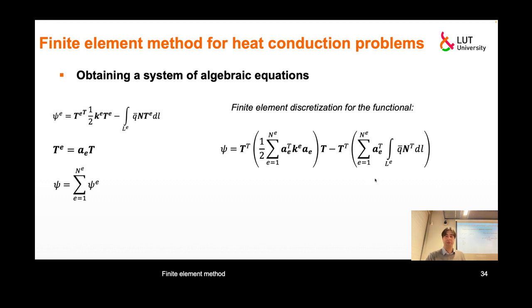But anyway, that's the full functional for the entire mesh. Sum over all elements, where E is the number of elements. Local conductivity matrices, these incidence matrices and their transpose, and the global vector of all nodal temperatures. So everything that is summed across all elements is in parentheses.